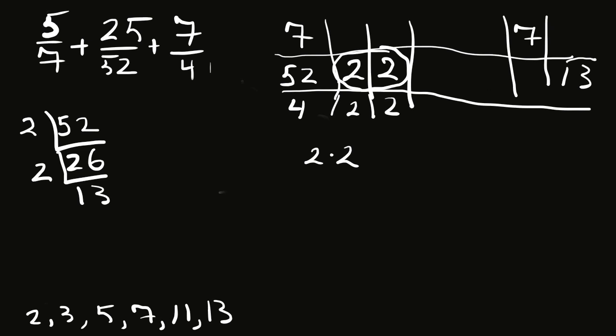Then 7's biggest appearance is just once, as 7, and 13's biggest appearance is just as 13. And if you put those in your calculator, you're going to find that 2 times 2 times 7 times 13 is going to end up being 364.